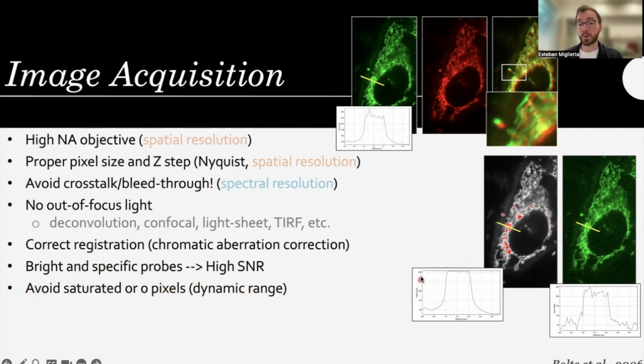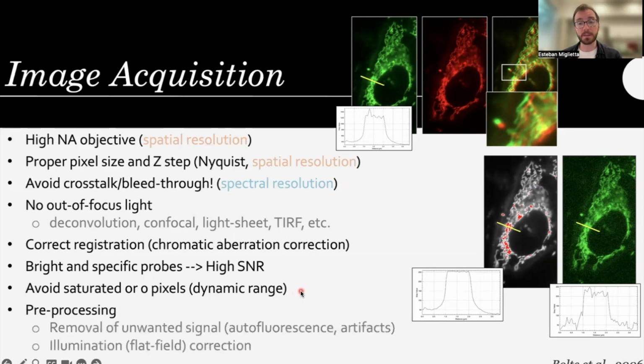You need to always work within the dynamic range of your microscope, and so if you have areas of saturation, those should be avoided when measuring colocalization, because you don't really know what is the real intensity of those pixels. So this is usually true for most measurements. When you want to make measurements in an image, avoid saturated pixels.